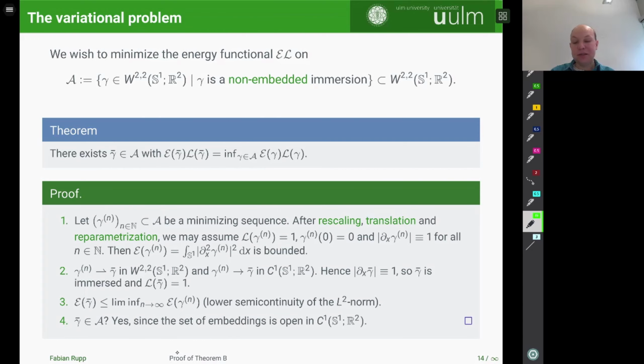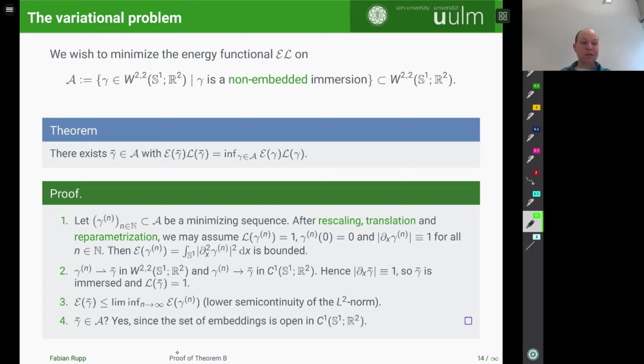In particular, this already implies that we can find some value of C star such that our theorem B holds, such that we can conclude from energy below C star that the curve is embedded. But this is in some sense not so valuable yet, because we do not know how large this constant C star is.